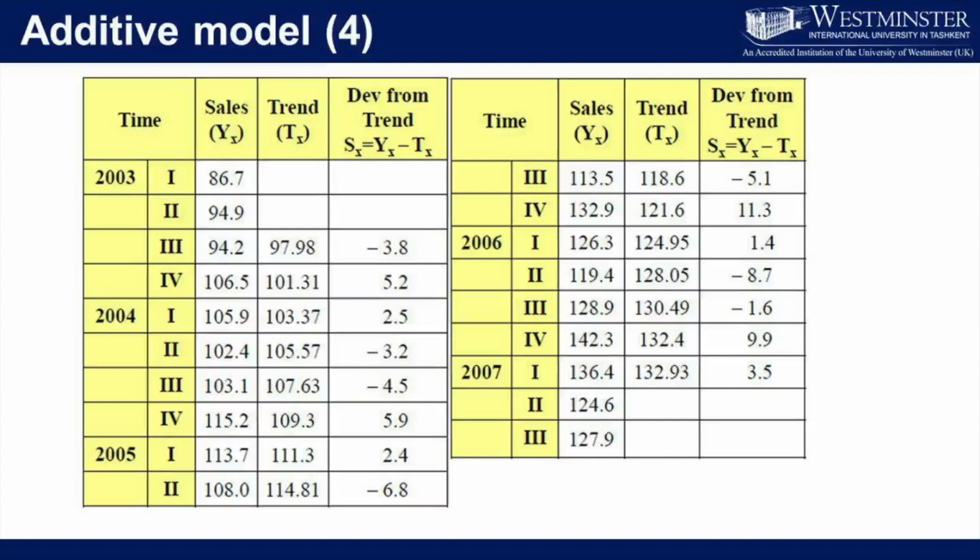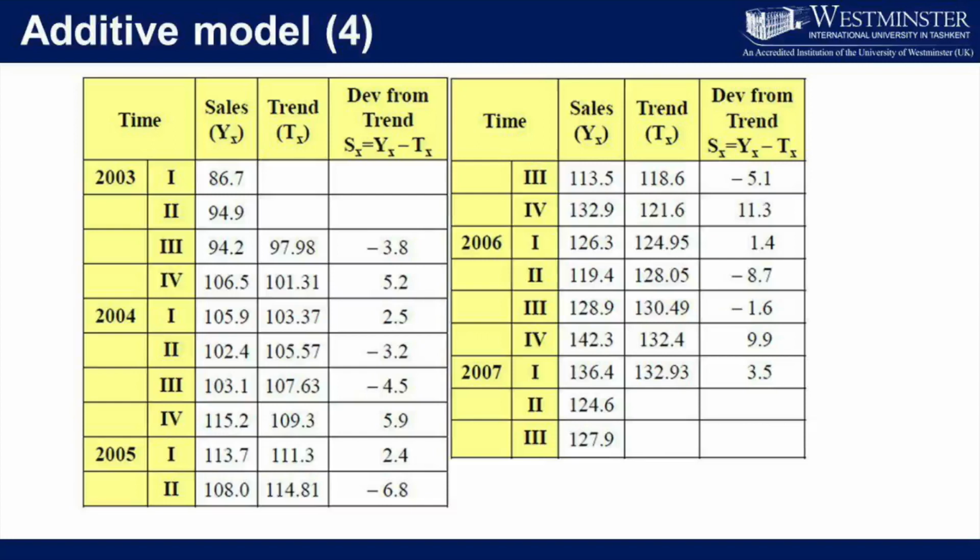To find the deviation from trend, you subtract this from the actual sales, T from Y. So 94.2 minus 97.98, and you're getting negative 3.8.